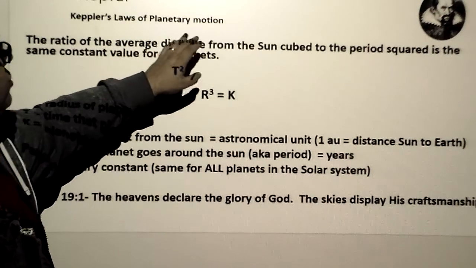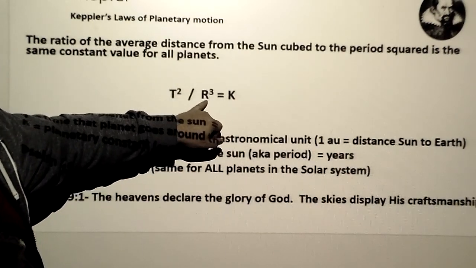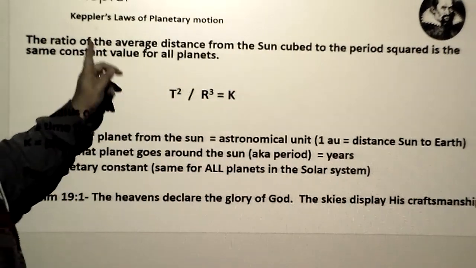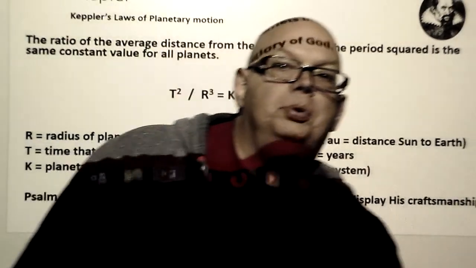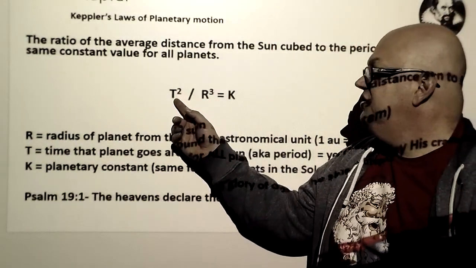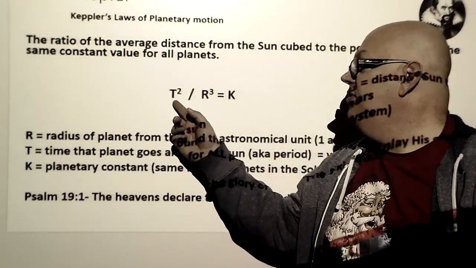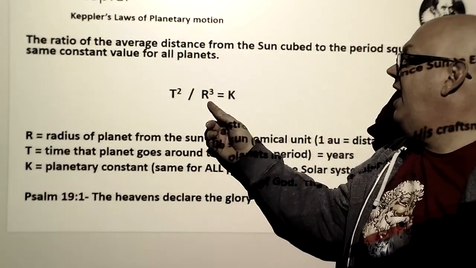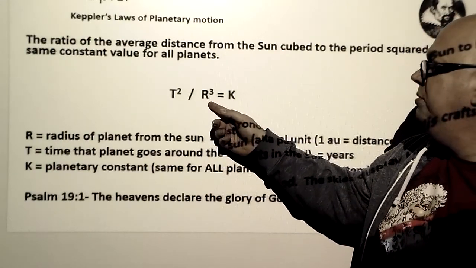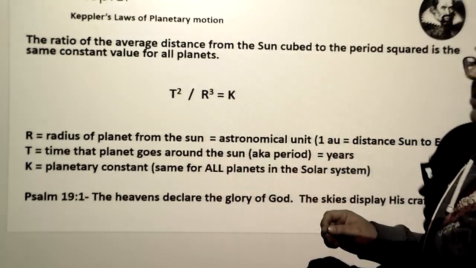So the ratio of the average distance from the sun cubed, that's our r here, to the period squared, that's our time, is the same constant value for all the planets. So this formula: t squared, our period, the time it takes to go around the sun, squared, divided by the average distance from the sun to the planet cubed, is equal to some constant k, a planetary constant.